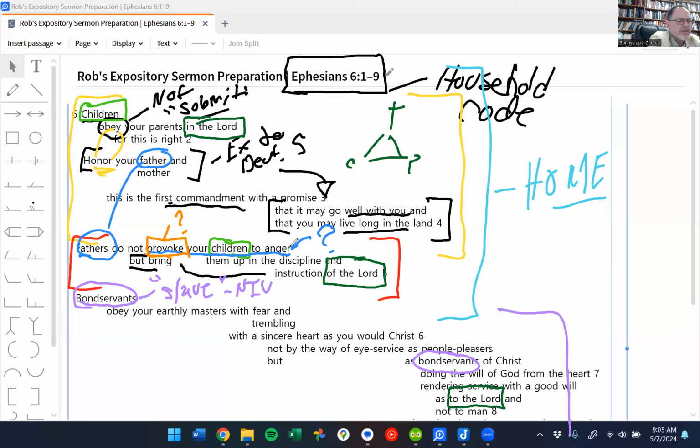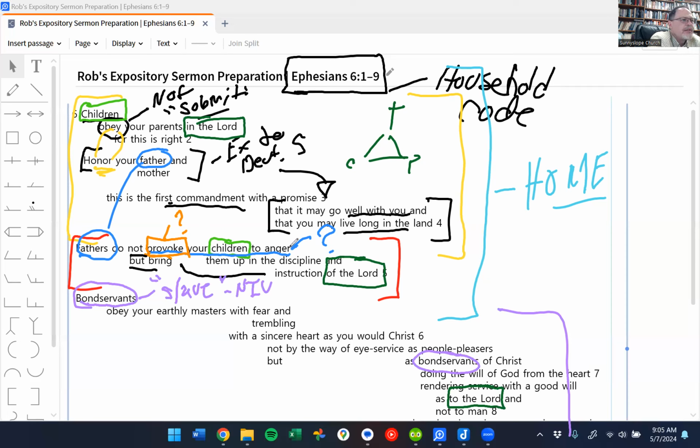When we think of the word slave, we think of the Atlantic slave trade, and we might think of even modern day sex trafficking as modern forms of slavery. And so when you hear that, you come away with the idea that Paul is somehow at least tacitly endorsing slavery.